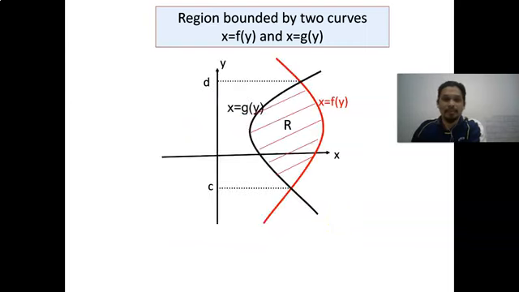Also here, the region bounded, because the integral of x = f(y), the red one here, gives you the whole area between the curve and the y-axis minus the area of g(y) between this curve and the y-axis.